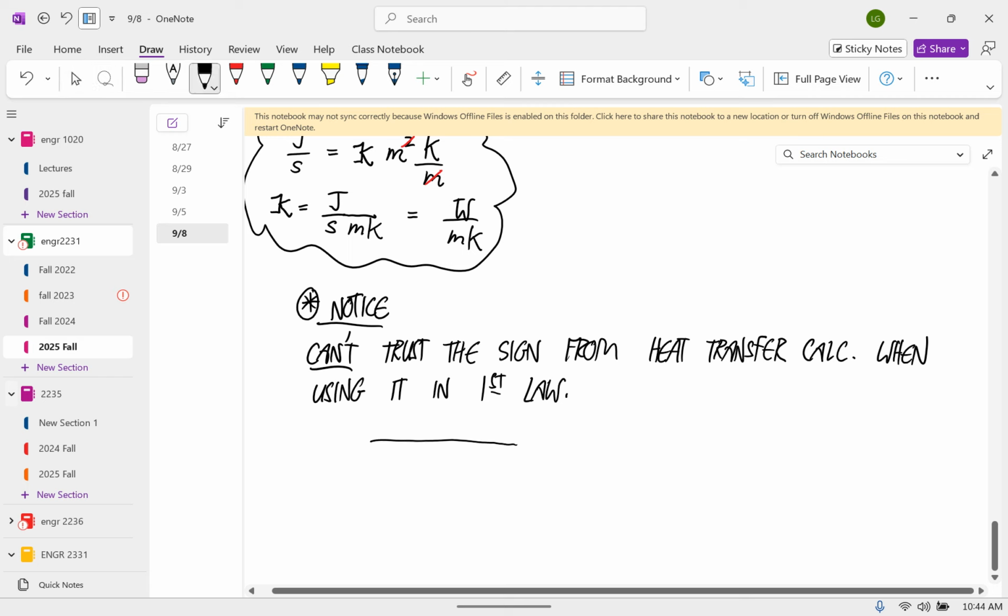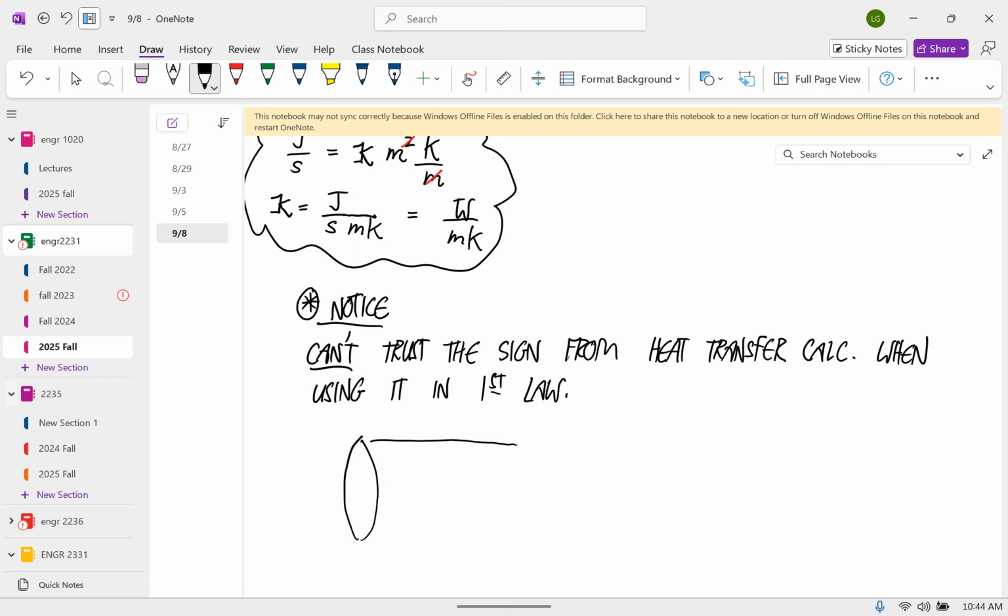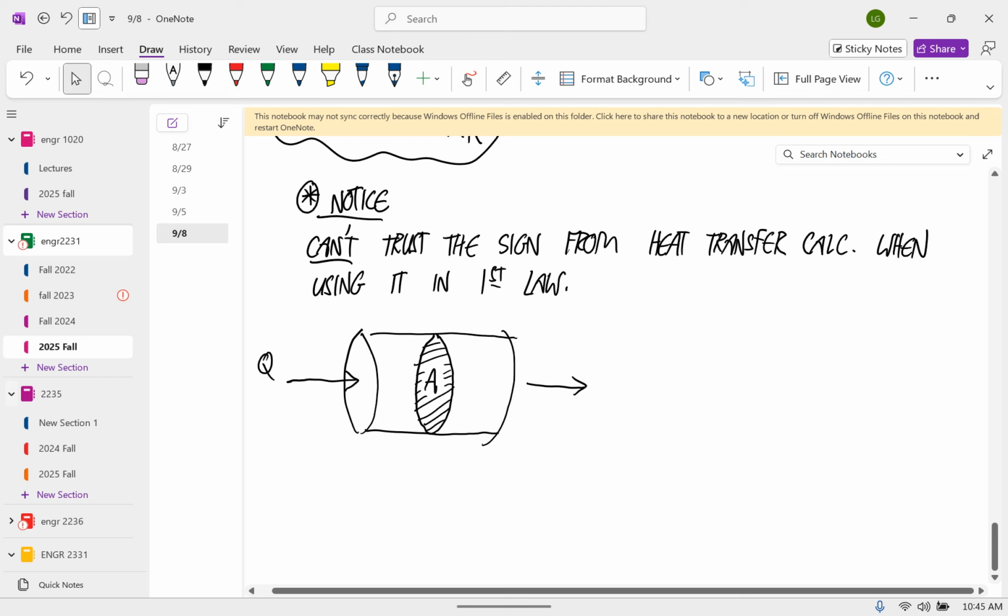If you're talking about heat transfer going this way through this, say that's a cylinder of material, then this cross section is the area. And this distance is the x.